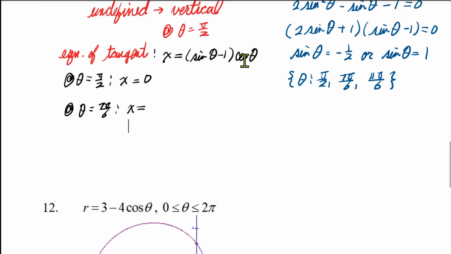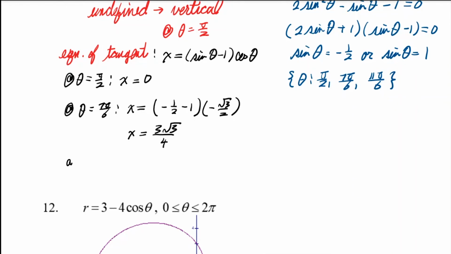So we have negative 1/2 minus 1 times cosine 7 pi over 6, which is negative root 3 over 2. So x is equal to 3 root 3 over 4, the vertical tangent on the right hand side.